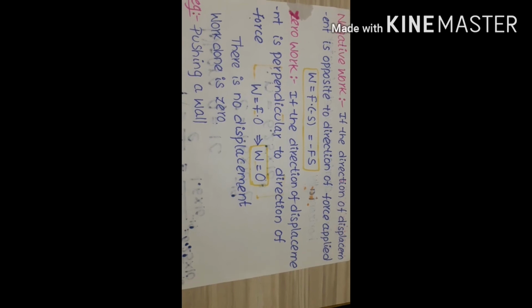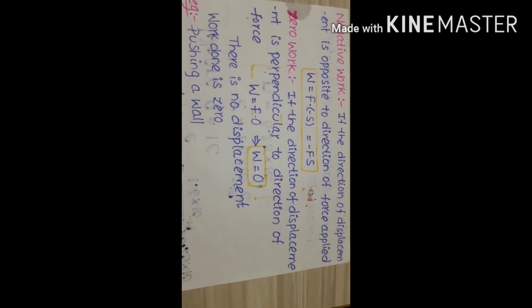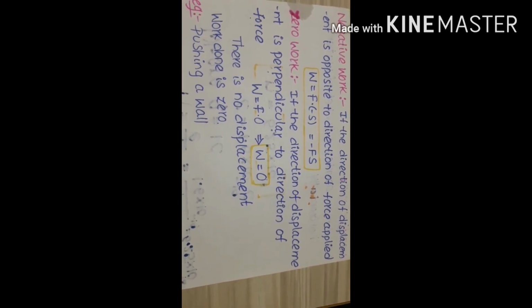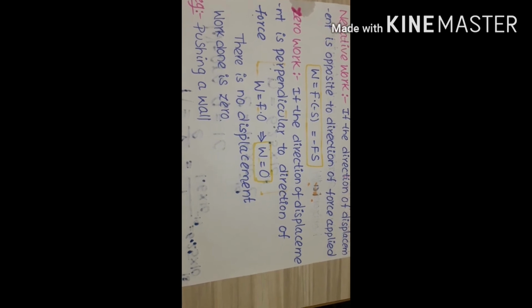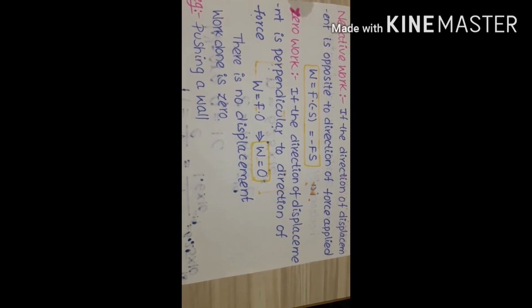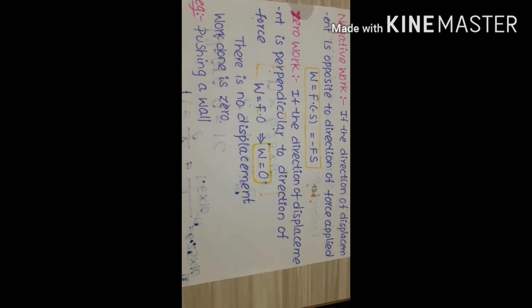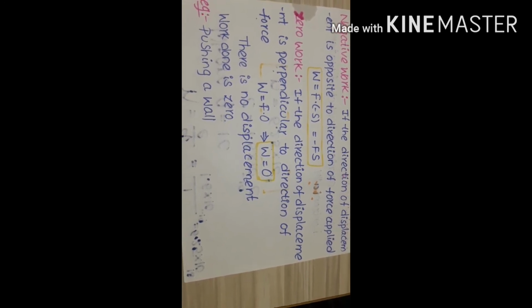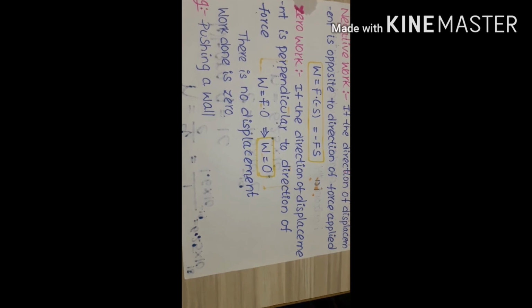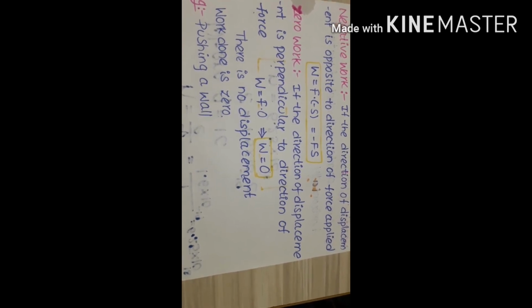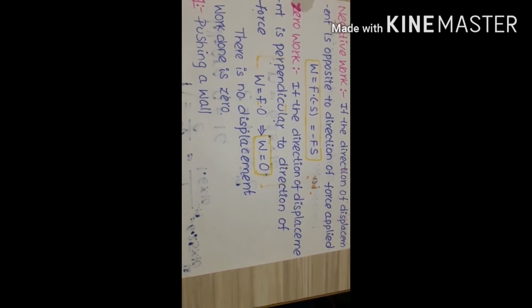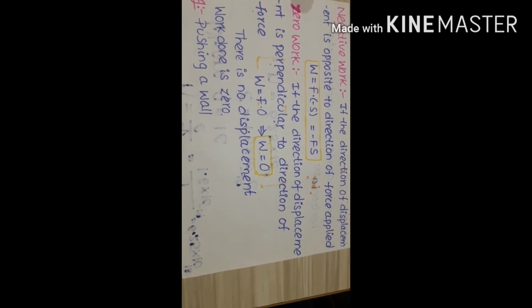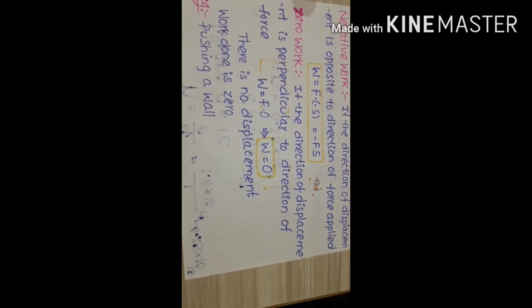Negative work. If the direction of the displacement is opposite to the direction of the force applied, that is called negative work. Here force and displacement are in opposite directions, then we can say that work is negative. So W equal to F into minus S, W equal to minus Fs.